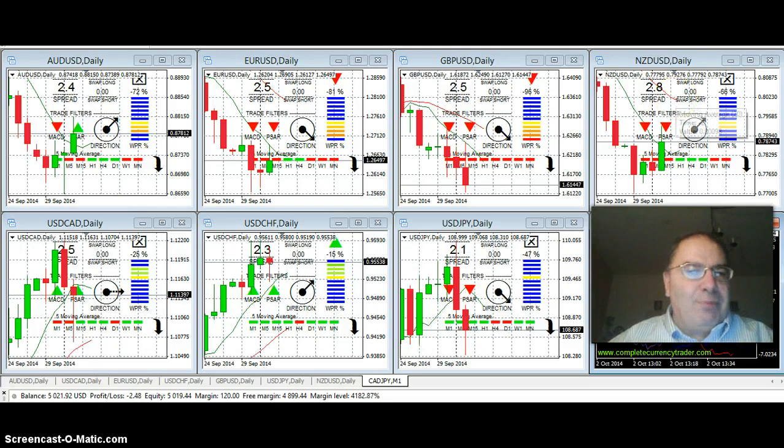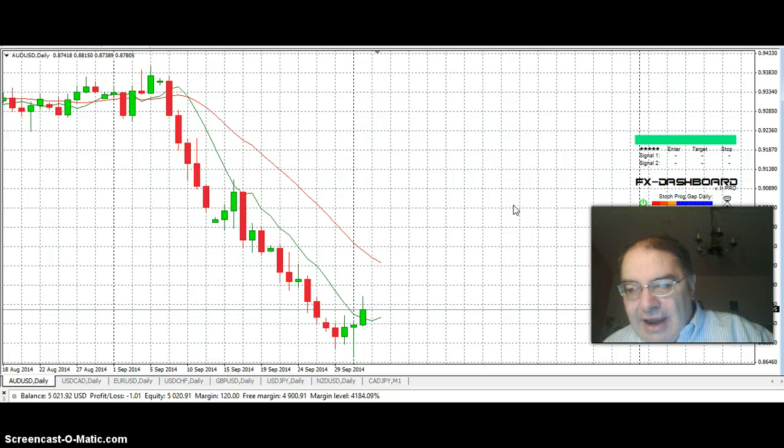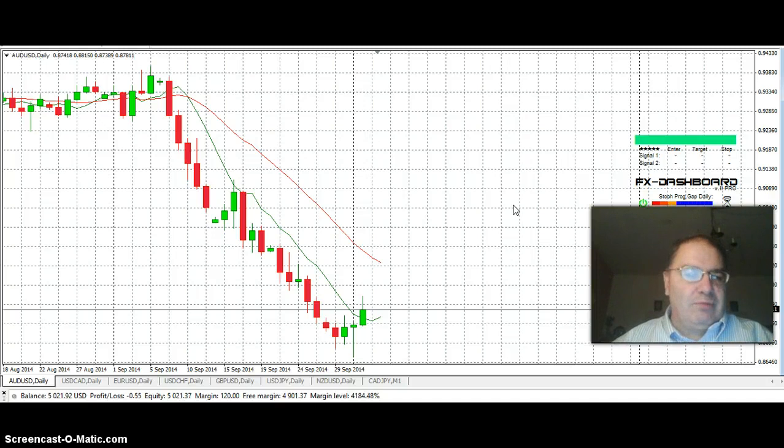But for example with the Aussie, it's come up, it crossed over that one line, and I doubt it will go up much higher than the 0.88920 point. If it goes up to that point over the next 24 hours or so, it'll probably start heading back down, because again, I believe in the power of the US dollar.